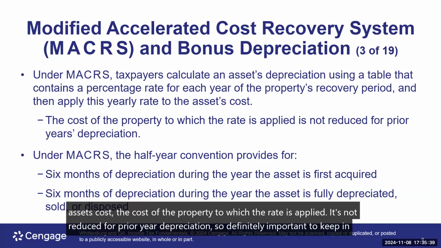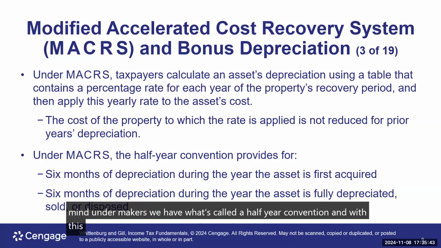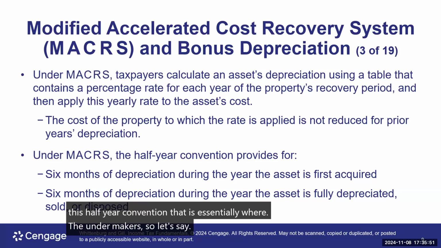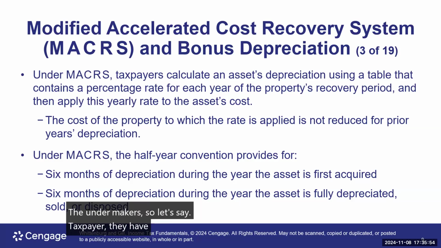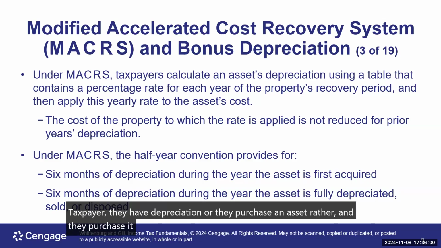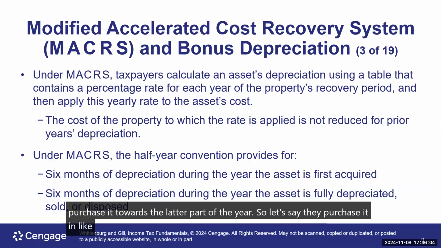Under MACRS, we have what's called a half-year convention. So let's say a taxpayer purchases an asset towards the latter part of the year, like in November, or let's say October.